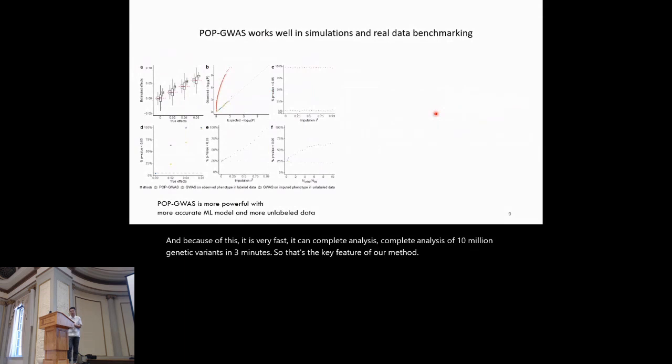And we did some simulations and it shows it works pretty well. There are some color issues, but the basic idea is if you do a GWAS, here is the red dot, on the imputed phenotype, you will get a lot of false positives. If you do a GWAS using only labeled data, or with our method, there are no false positives. And with a more accurate machine learning model and more unlabeled data, you will achieve more power.